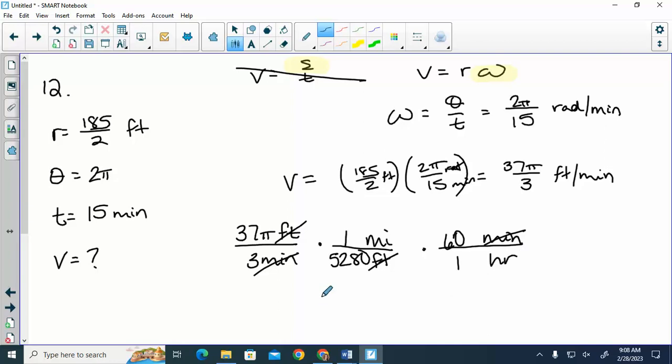So if we multiply this out, 37 times 60, different ways that you could write your answer. You could say 37 pi over 264. I did say to the nearest hundredth, so if you go ahead and multiply the pi in and divide, you get 0.44 miles per hour.